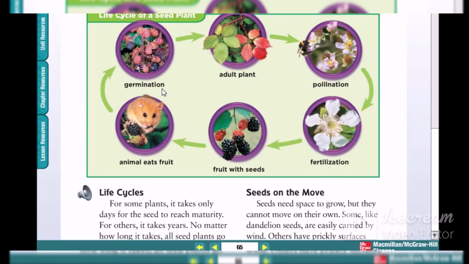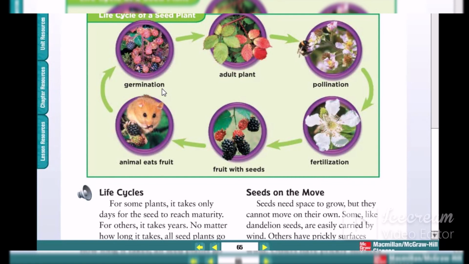And maybe when the animal eats the fruit, the seed can get out by wastes. I'm sorry for that. The wastes get on the soil, and when we have good conditions, this seed can grow up and make another plant. Okay, that is the life cycle of the seed.